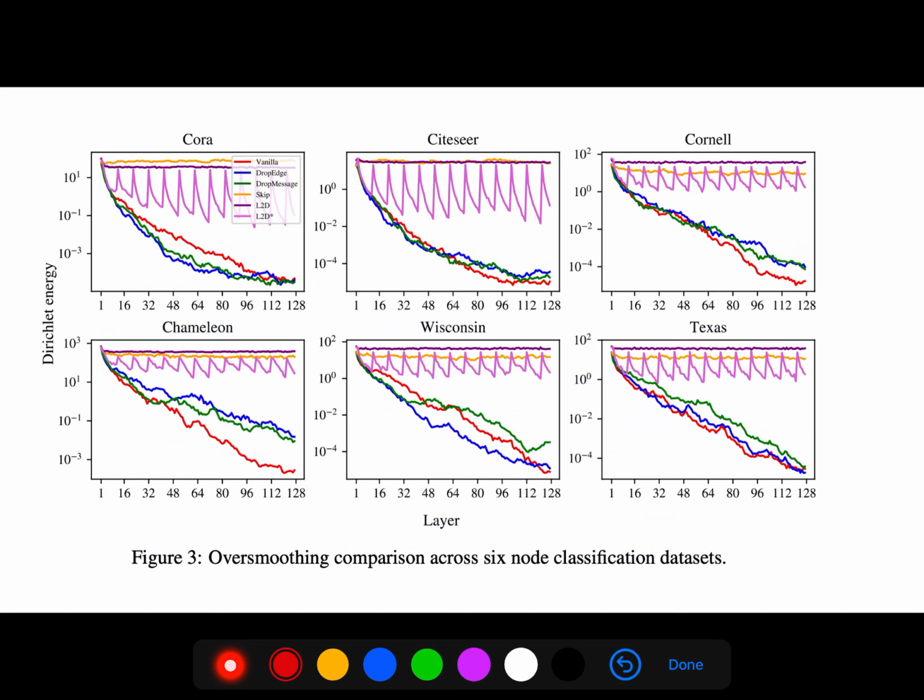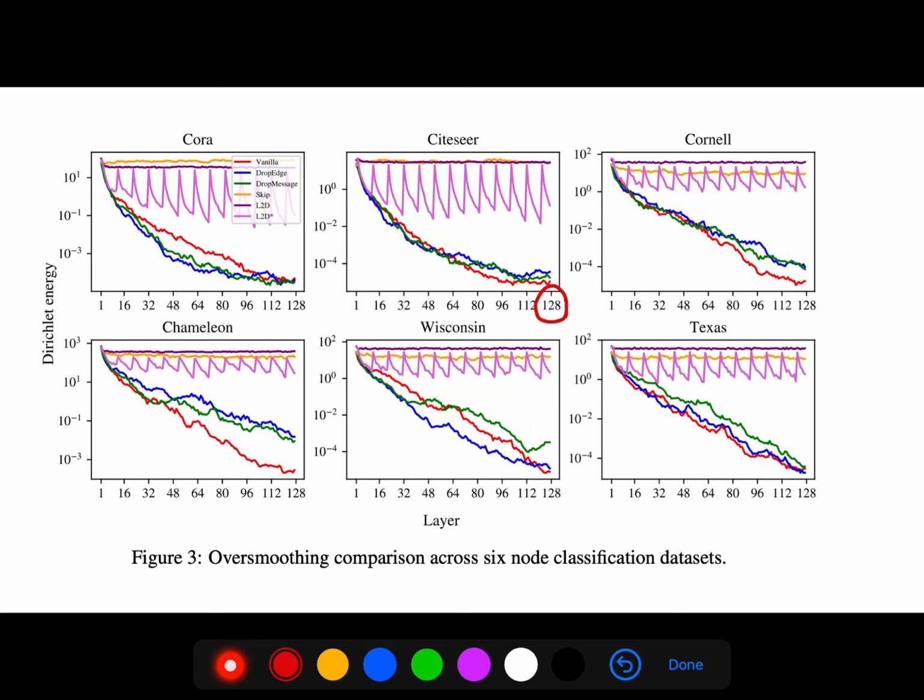And the experiments are on the Cora dataset, CiteSeer dataset, Texas dataset, for different layers. Look, we have experimented on 128 layers. You see, as the number of layers grows, oversmoothing is reduced.